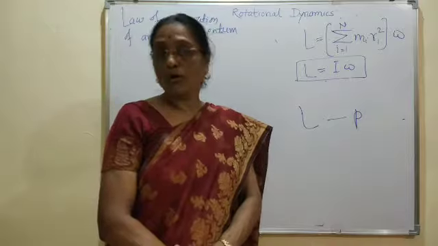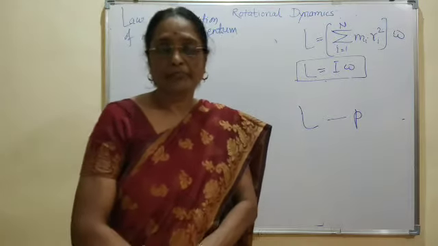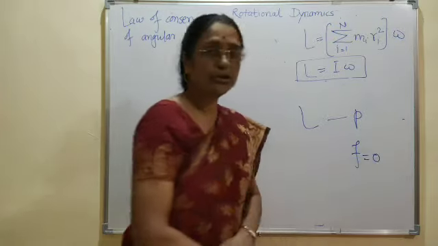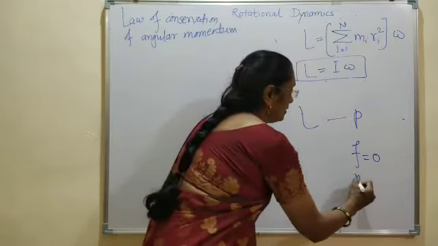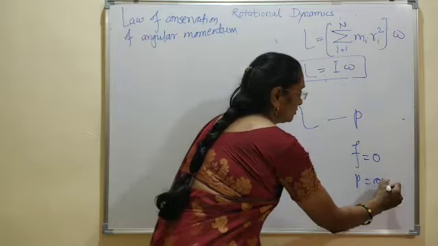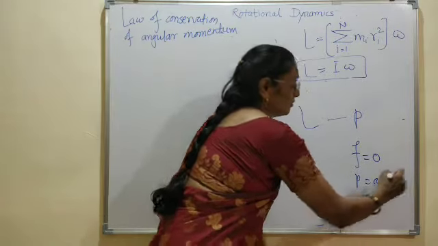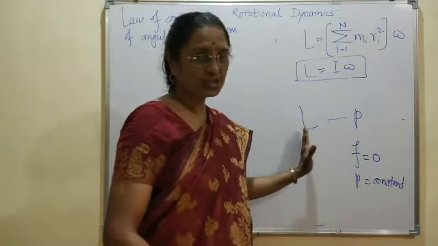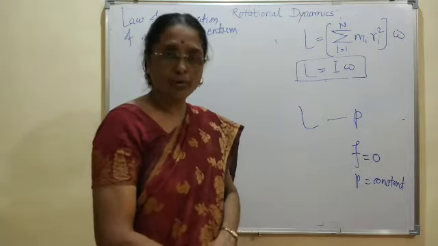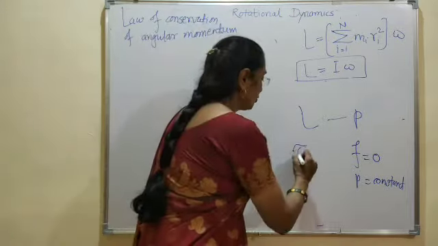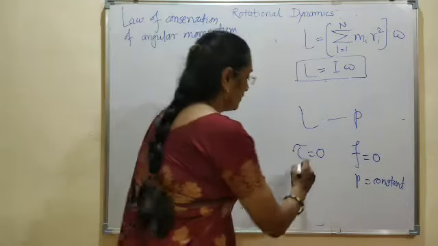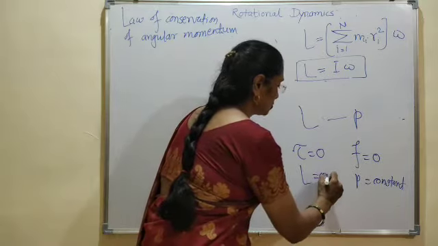Here, according to the law of conservation of linear momentum, if the force acting on the body is 0, then P remains constant. Similar or analogous statement for angular momentum: if torque acting on the body is equal to 0, then L remains constant.